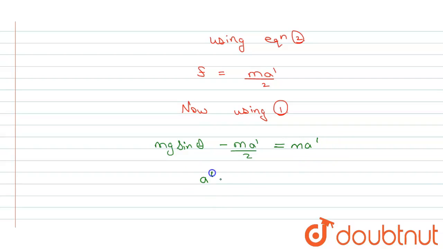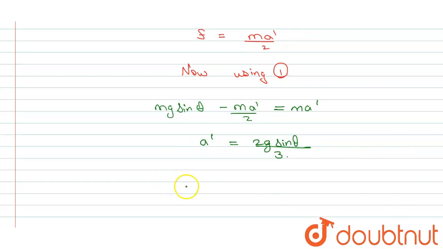So the value of a dash will be equal to 2g sin theta divided by 3. And we know that the value of a is g sin theta, the acceleration of the sliding cylinder.